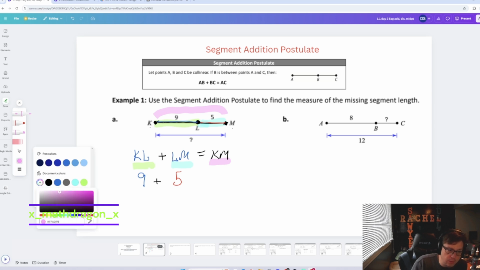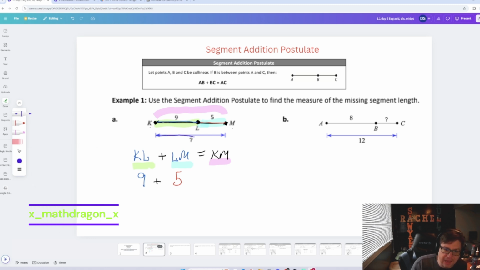And then the last one, let me turn to a purple. The last one is going to be from K to M. And K to M, we actually don't know. But in math, we have a game that we play when we don't know something. We use a variable, an unknown, or a letter to represent that we have no idea what it is. So we're going to put X there.